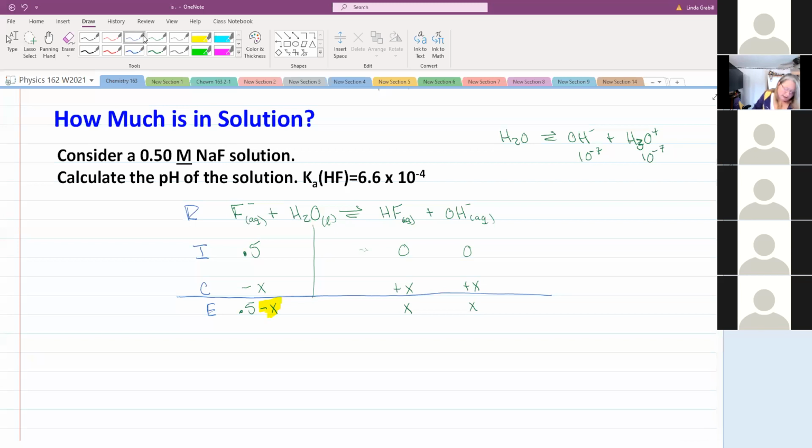When can I ignore the minus X? Alina. So you can ignore the minus X when the concentration of something is greater than the number of sig figs. I don't quite remember. Close. It had something to do with sig figs and concentration. How about 10 to the number of sig figs?